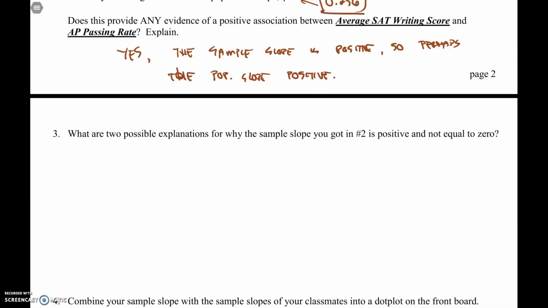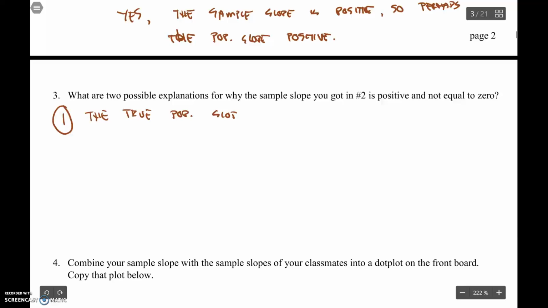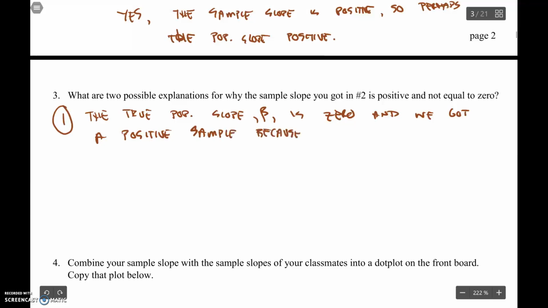What are two explanations for why the sample slope you got is positive and not equal to 0? Well, we've done this before. One possibility is the true population slope beta is 0, meaning there's no positive association, and we got a positive sample slope because of chance sampling variability.